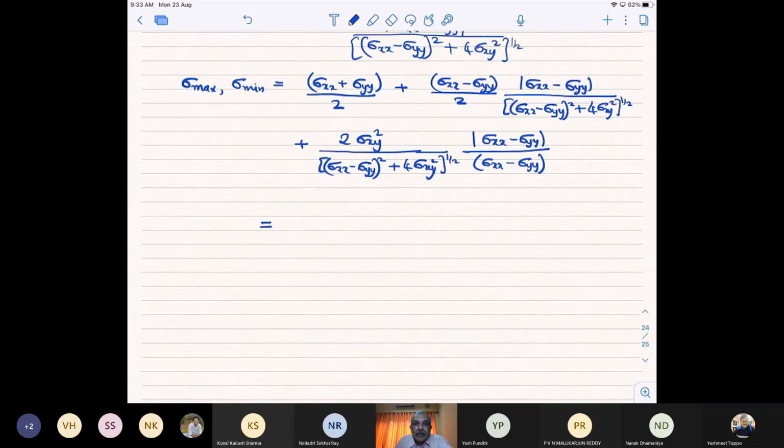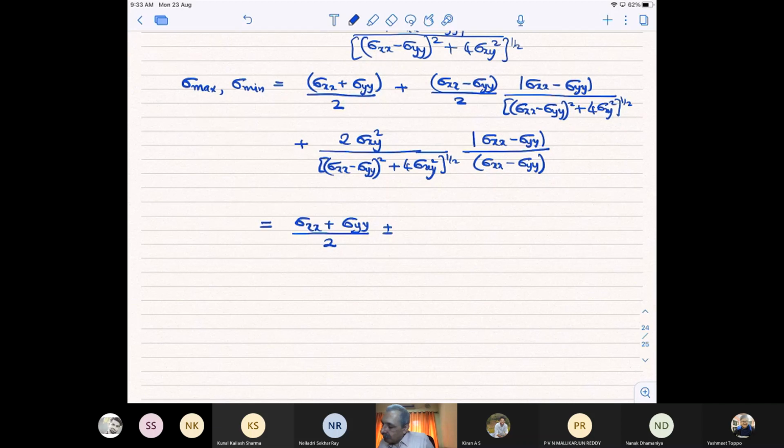This is just a little bit of algebra. So the first term just remains as it is. This just stays as it is. Now the second term can be plus or minus depending on whether sigma xx is larger or sigma yy is larger. So we'll write it as plus or minus. Could be either of them.